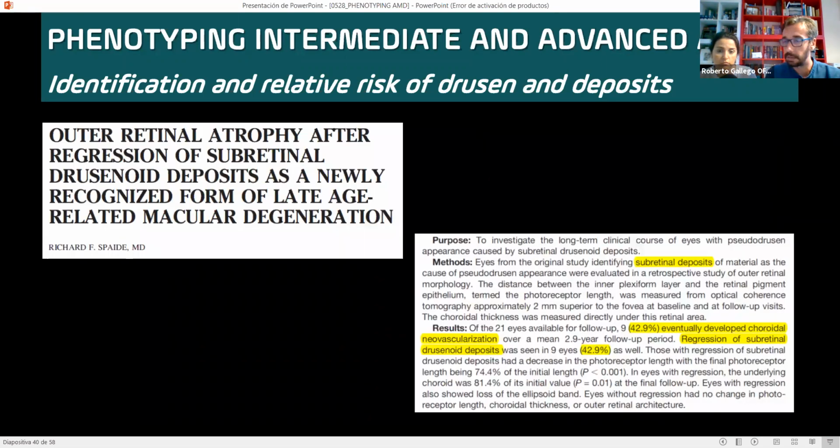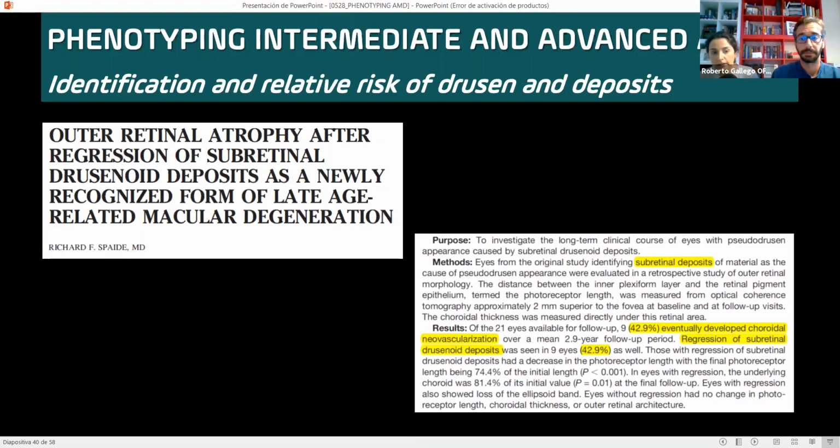So the definition by Dr. Spaide was what you mentioned. You cannot identify outer retinal structures, even though there is no neovascularization or atrophy. And he even proposed a third type of advanced AMD form. Do you agree? You dare to disagree with Dr. Spaide? Okay. No, I'm not going to disagree with Dr. Spaide.